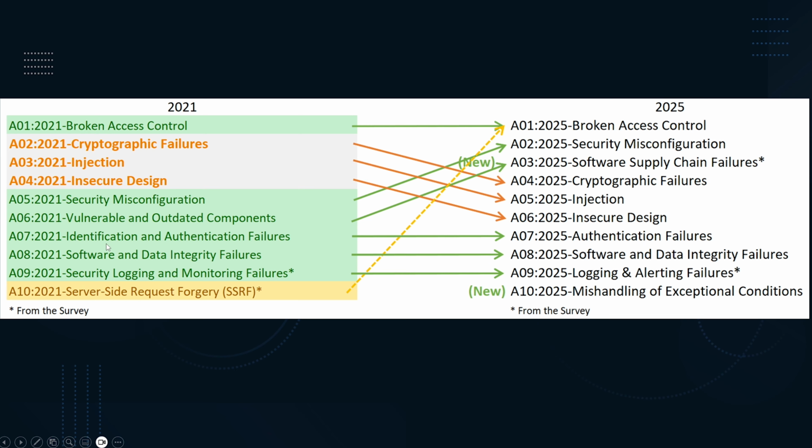Authentication failures we're still keeping, but the name is changing from identification and authentication failures to authentication failures. Software and data integrity failures stay, and security logging and monitoring failures get a bit of a change in name. We're calling it logging and alerting failures, basically because alerting is also important. So that's the core concept. Here the emphasis is on the fact that alerting is as important as logging.